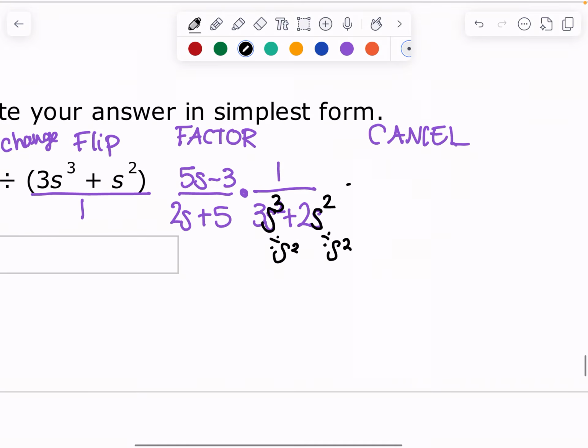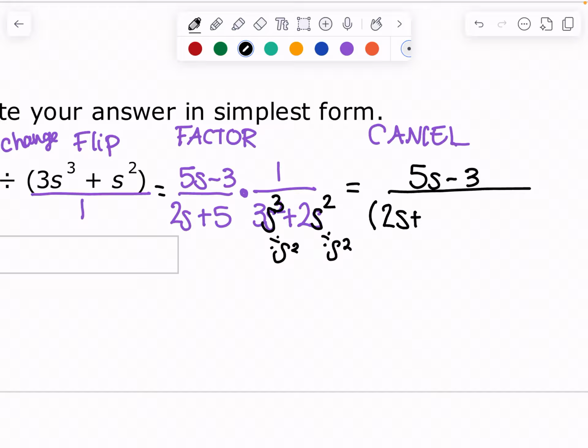So then this is equal to, on the top, if I did 1 times that, 5s minus 3 is going to stay 5s minus 3. And the 2s plus 5 is going to stay here. The s squared is going to come out, and 3s plus 2 is going to stay right there.